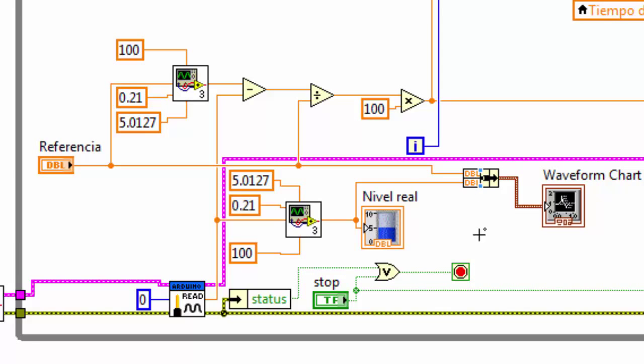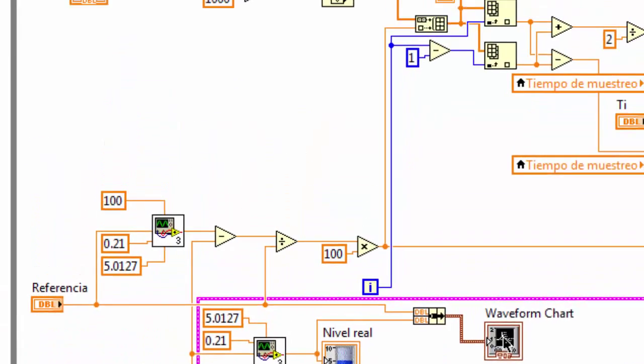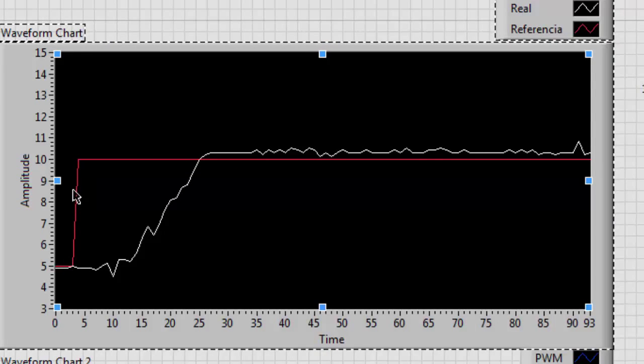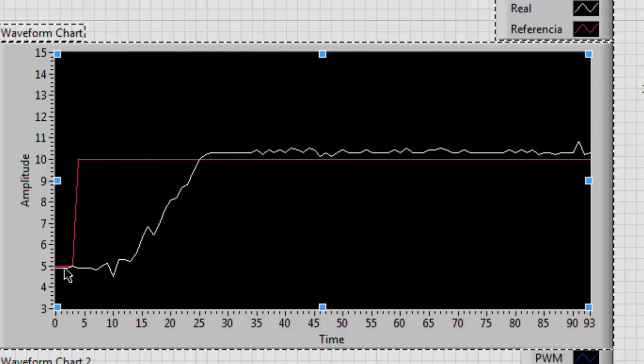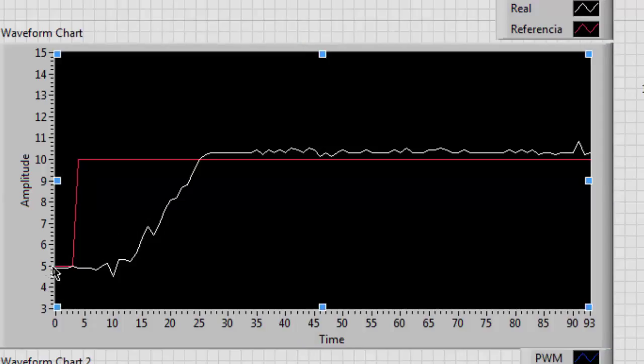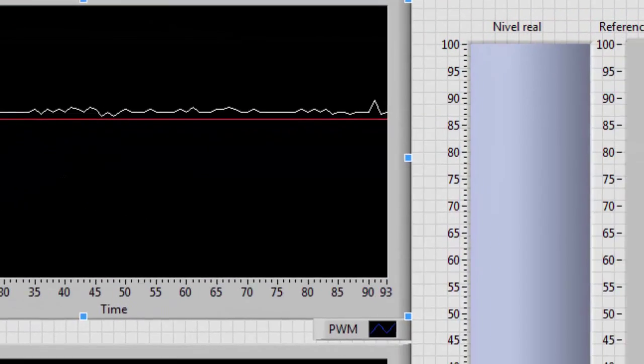We also plot in the chart the reference point to see the two graphs, the reference graph and the real value. Here we can see the reference value is in red with a change from 5 to 10, and the real value is changing from 5 to 10, but in this way.